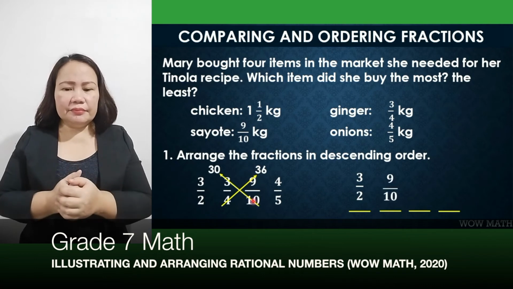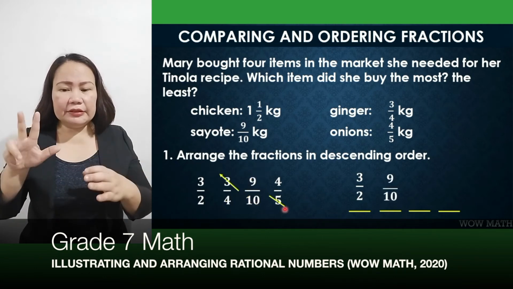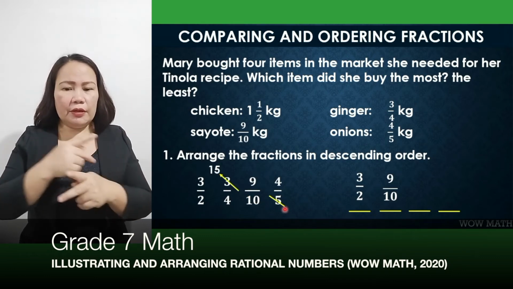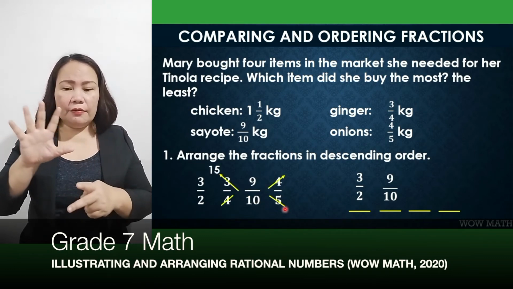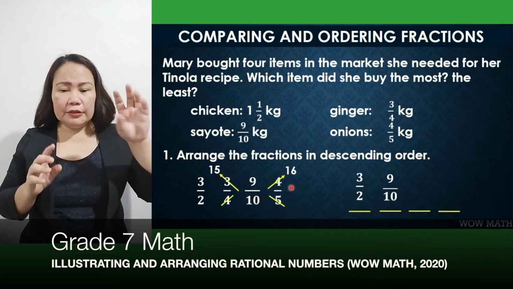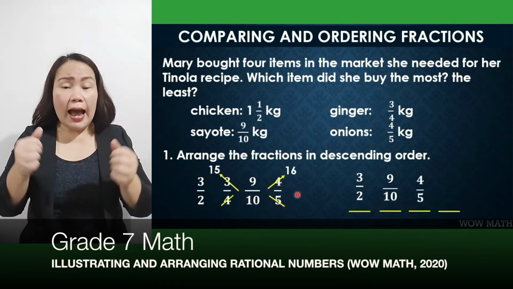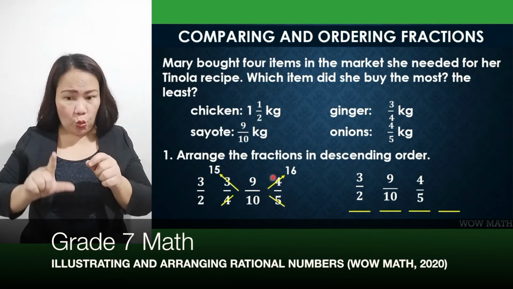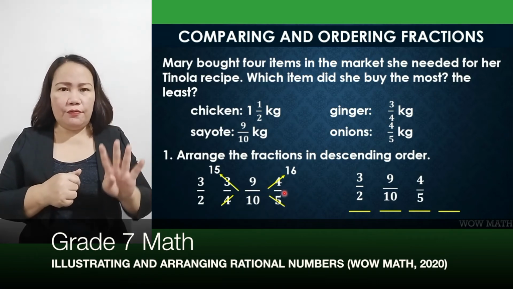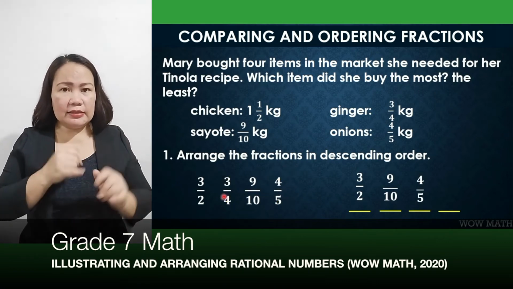Alright? And then dun ito naman tayo at saka si 4/5. So compare natin si 3 and 5, that is 15. And then 4 and 4, that is 16. So which one is bigger? 4/5. So siya yung susunod. And then yung least natin, yung pinakamababa, that is 3/4.